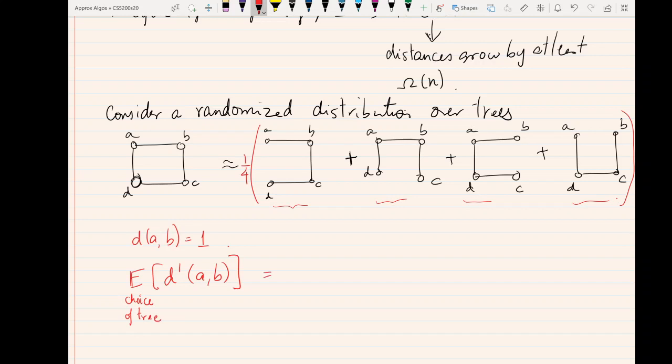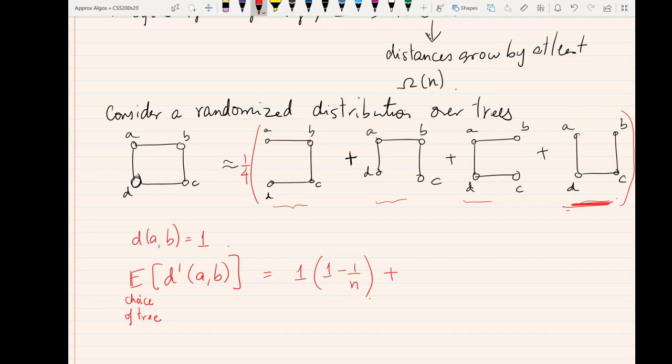Well, notice that the distance between A and B in this tree, which is randomly chosen from one of the 4, is equal to 1 with probability 1 minus 1 over n, because there is only one case, which is the last one, in which A and B are separated. But when they are separated, they get separated by quite a bit.